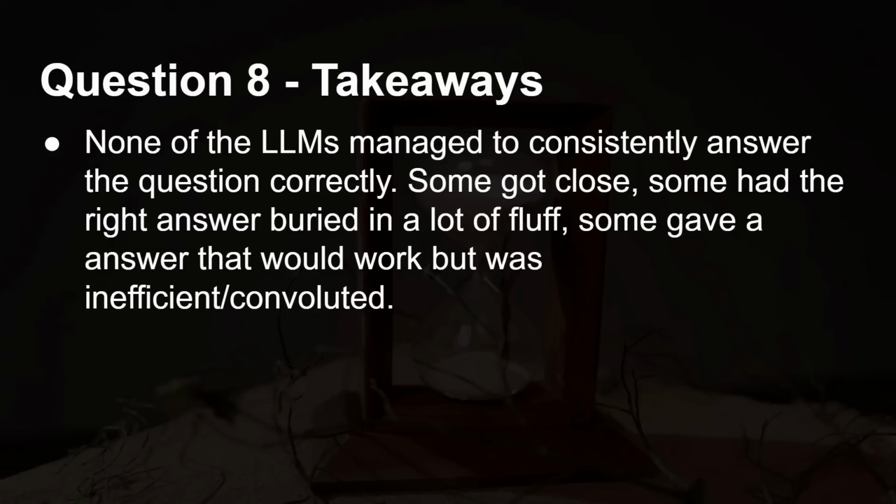Some got close. Some had the right answer buried in a whole bunch of fluff. For example, some of them were getting you to turn the 10-minute one over even when you weren't using it, and then turn the 5-minute one over, and then turn the 10-minute one over again, and then turn the 5-minute one over again. And if you did do it, you would get 15 minutes. But there was lots of fluff, or it was convoluted, or it was inefficient.